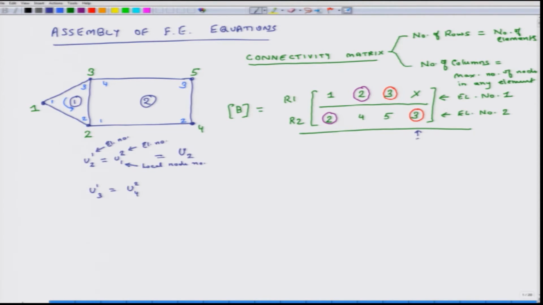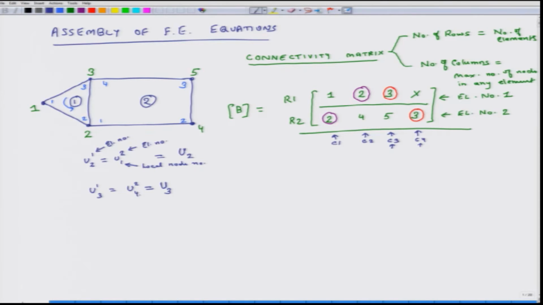This is C4, C3, C2 and C1, these are columns, right. So, 3 corresponds to this column, 4 corresponds to this column. Okay. So, U13 is equal to U24, and that equals the global degree of freedom associated with global node number 3, which is capital U3.